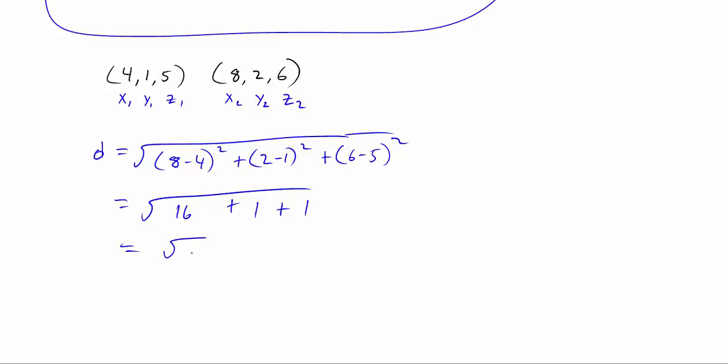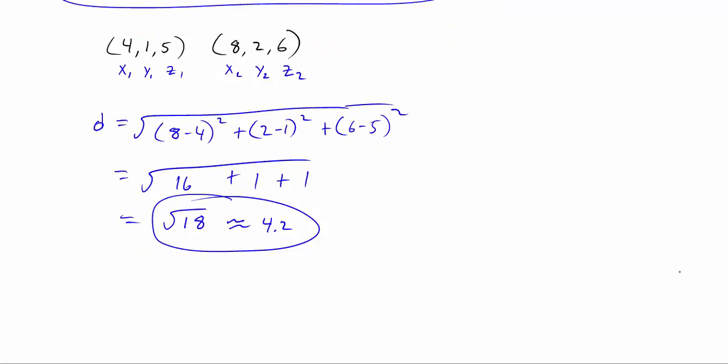So we have the square root of 18. And if we were to put the square root of 18 in the calculator, that would be approximately equal to 4.2. So that would be the distance between those 2 points in space.